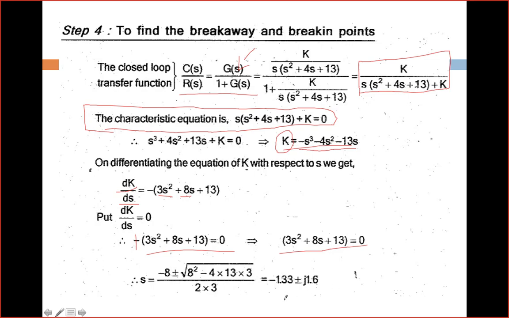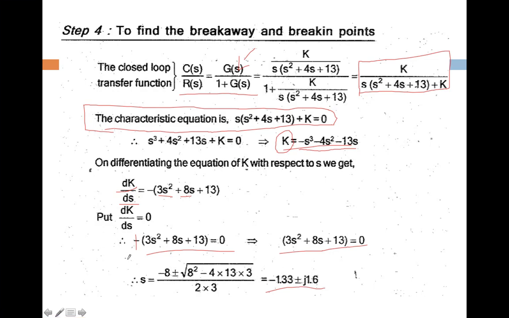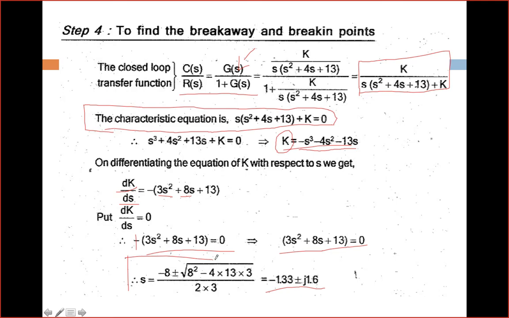So you will get -1.33 plus or minus j1.6. These are the actual roots of the given equation 3s square plus 8s plus 13. This is a simple way, something we studied in earlier days.